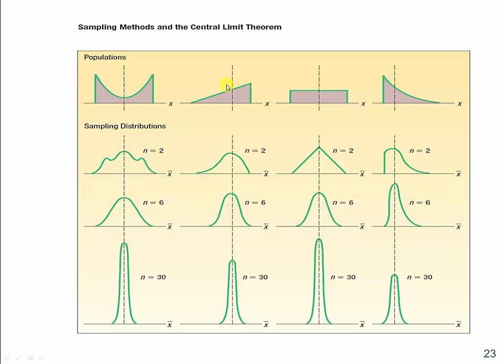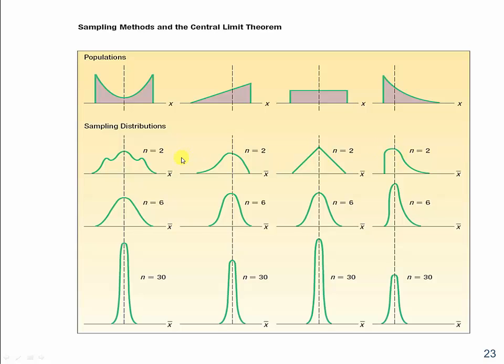Now in the second distribution, it's a similar type of occurrence. You'll see that when we have a really low sample amount on each of these population distributions, we've sampled only 2 on each of these, the sampling distribution does not look all that normal.